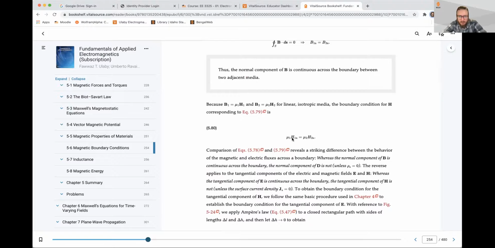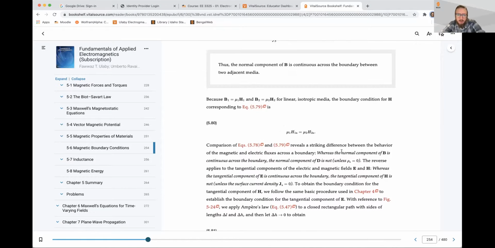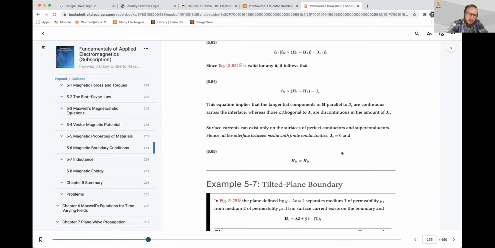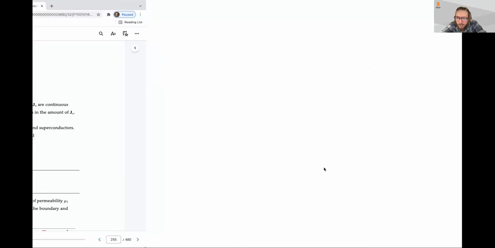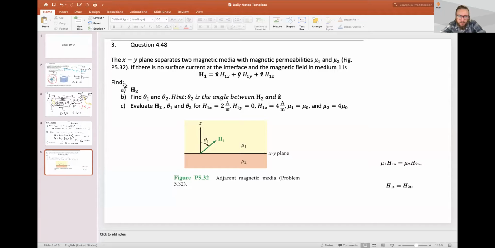And then for the normal fields, we have this boundary condition. So I'll paste these into the problem and let's use this information. All right, so on your paper, see if you can find an expression for H2 using the knowledge that we got here.